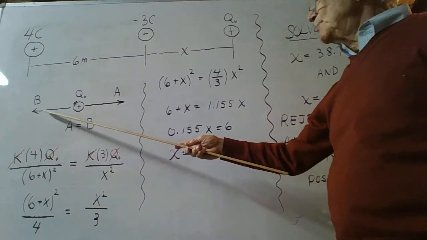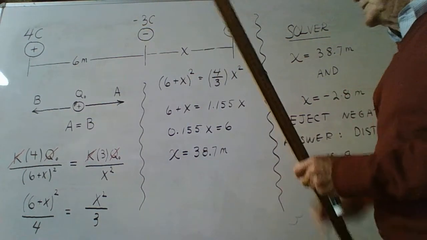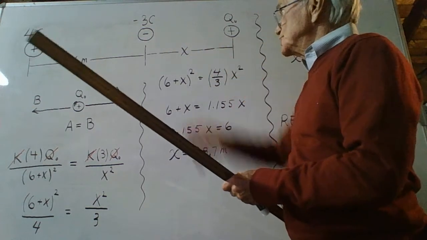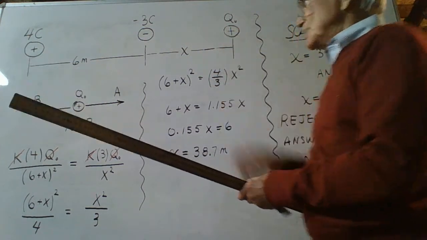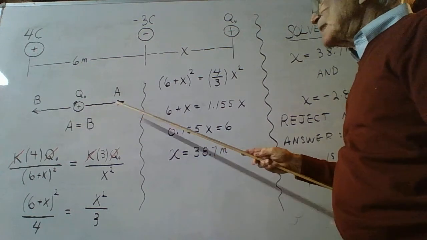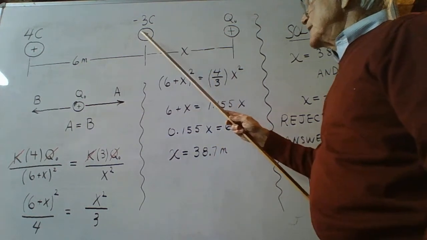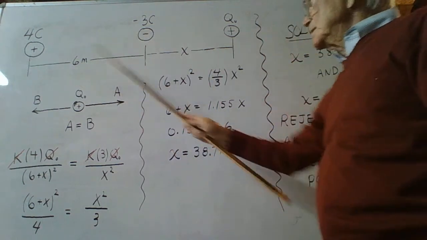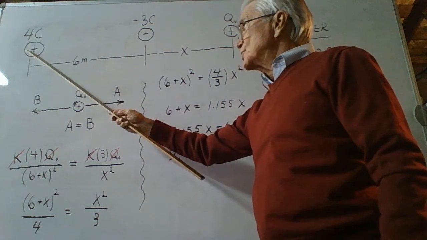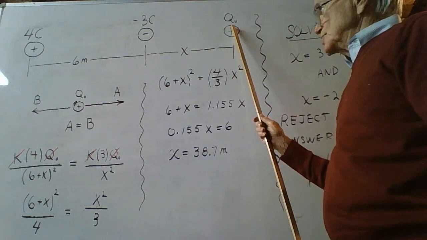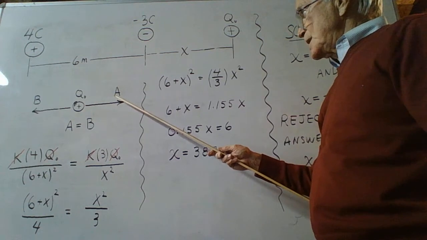The force labeled B is the pull by the negative 3 coulomb charge, a pull to the left on this positive charge. Now, attempting to counteract that pull by the negative 3 charge, we have a push to the right by the positive 4 coulomb charge acting on the positive test charge. We label that force A.